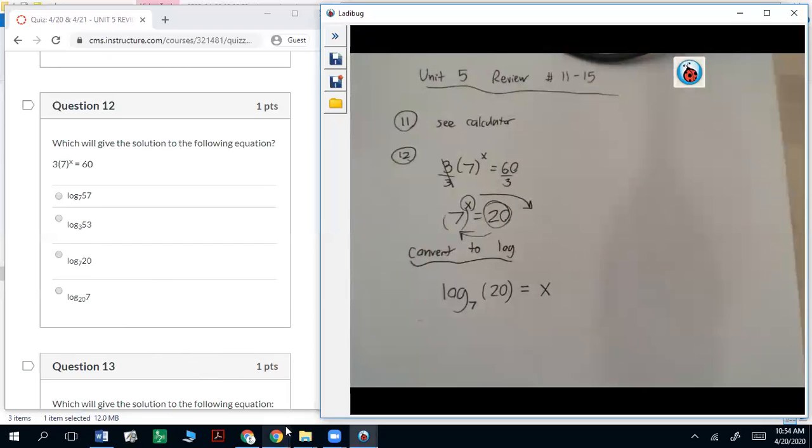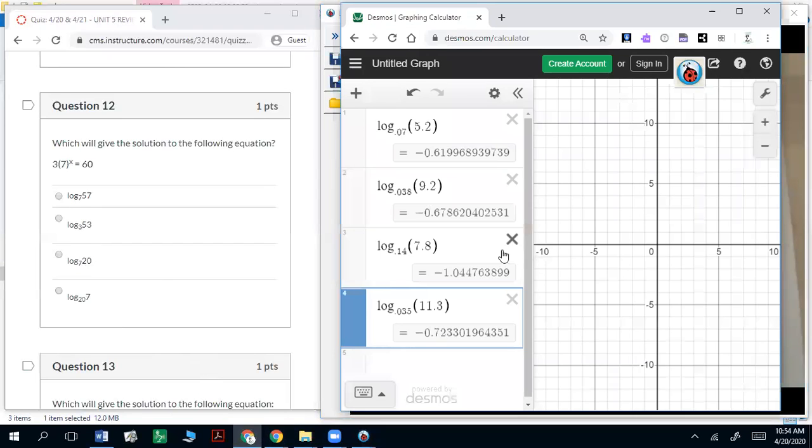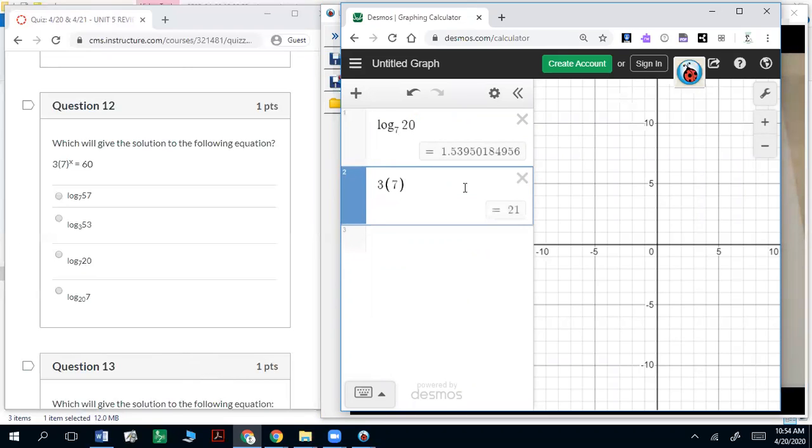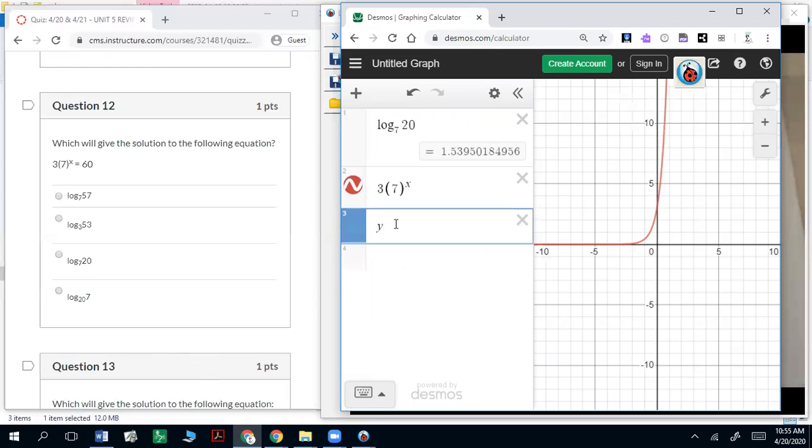If I wanted to know the actual answer, I could use a calculator. And that would give me about 1.539. Coincidentally, you could also graph it. If I did 3 times 7 to the x power in one line, and I did y equals 60 in a different line, I could scroll my graph up.